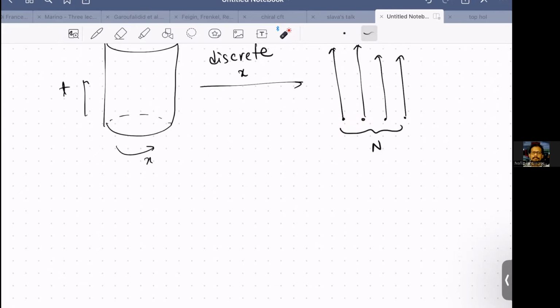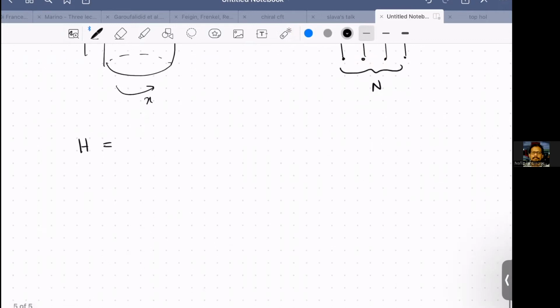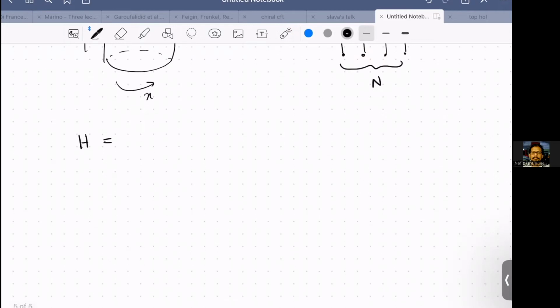Now, if you want to model a ferromagnet or something like that, what does that mean? It means that there's some interaction between nearby magnets. So if they're both up, that's fine. If they're facing in opposite directions, that costs some energy and so on. So you model that by defining a Hamiltonian for the system. You may have already seen this kind of Hamiltonian. So there's going to be a sum over all the points. I will refer to these points as sites. So there's going to be a sum over all sites.